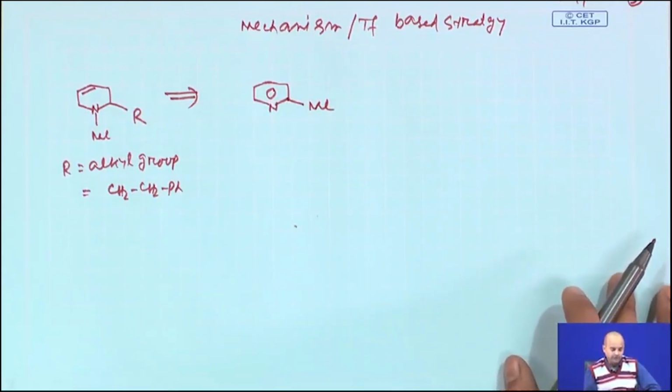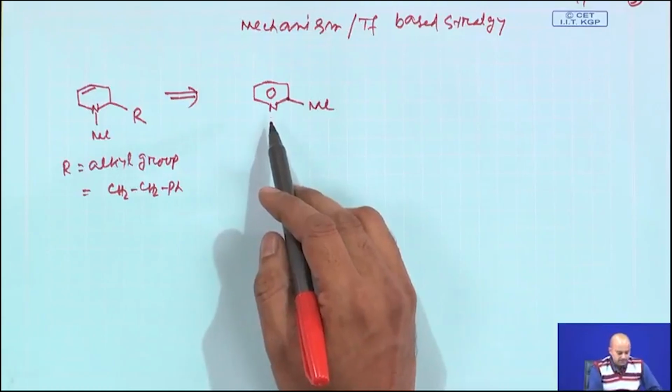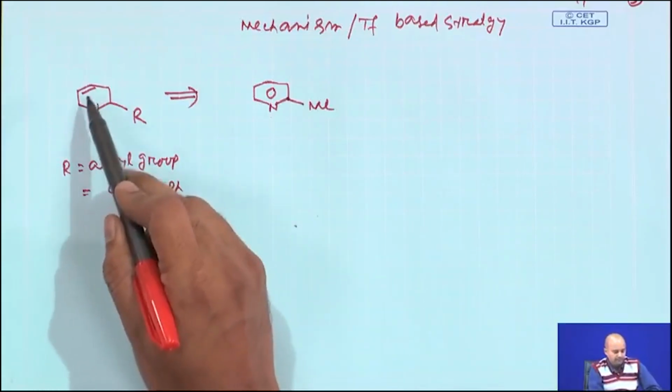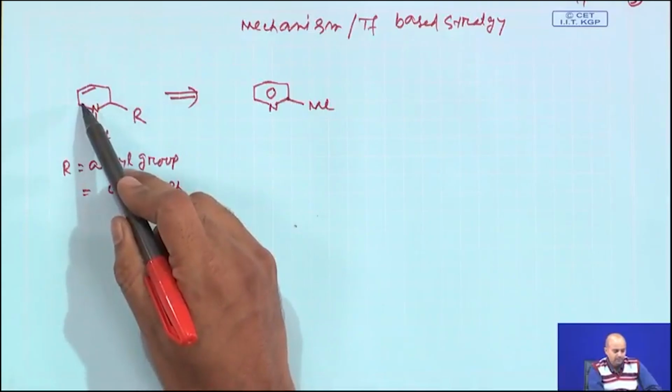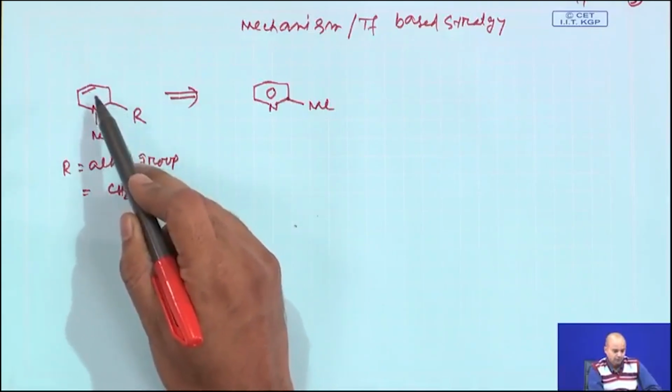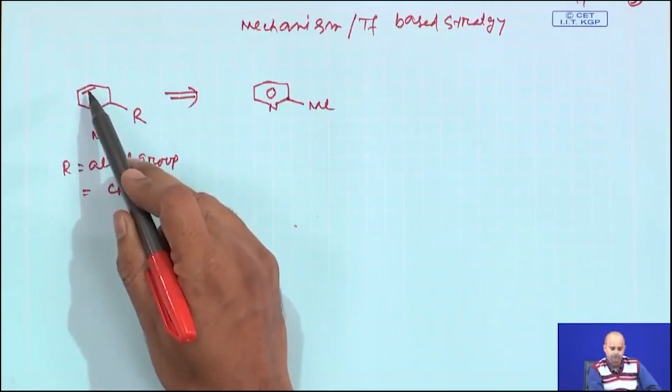Well, it looks very interesting. It basically gives you an idea that you need to have a selective reduction of the pyridinium pi electrons, so that this double bond remains unaffected.